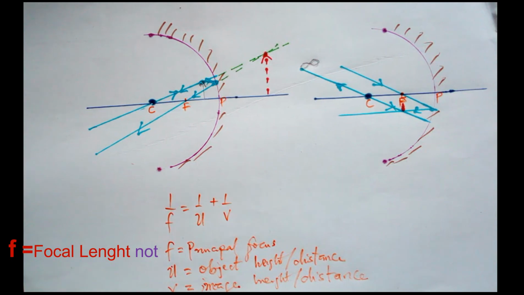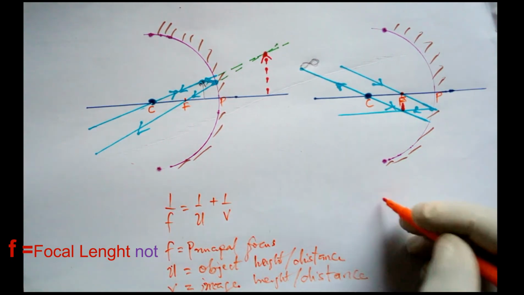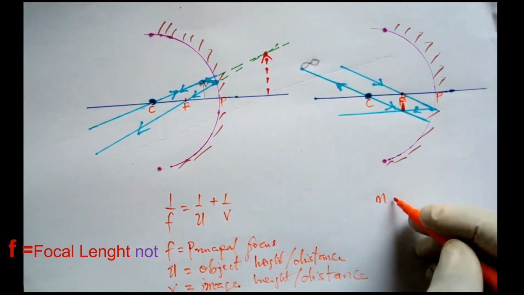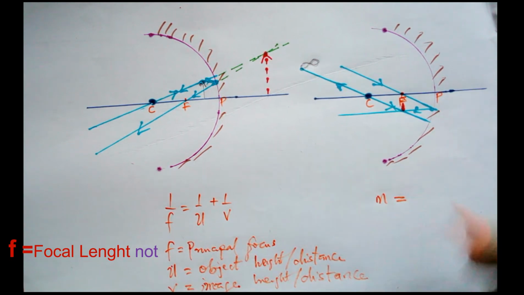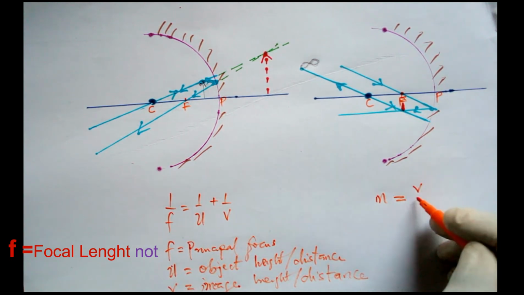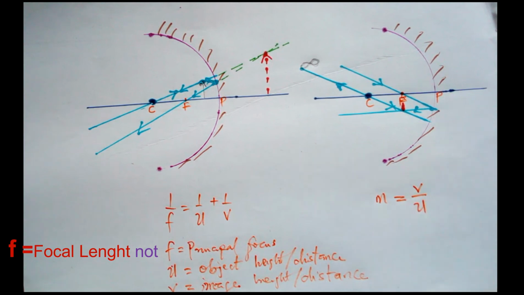The second is the linear magnification, M, where M equals image distance over object distance, or image height over the object height.